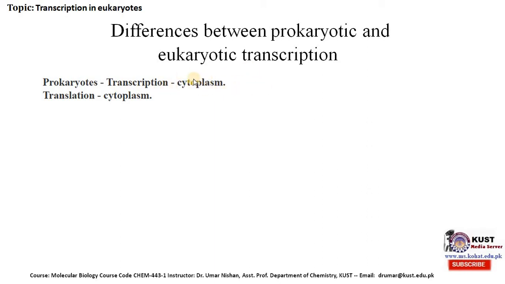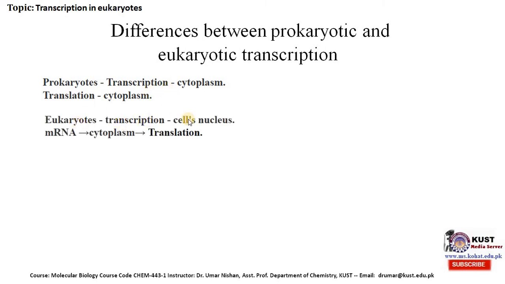As I told you before, the prokaryotes don't have a nucleus, so their nuclear material is in the cytoplasm, whereas in eukaryotes we have eukaryotic transcription that takes place in the cell's nucleus, and then messenger RNA comes to the cytoplasm, and then the process of translation occurs in the cytoplasm.